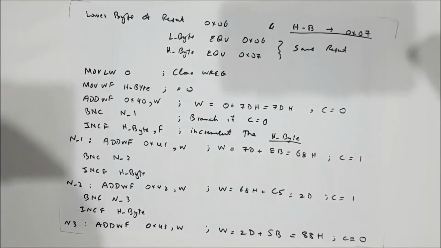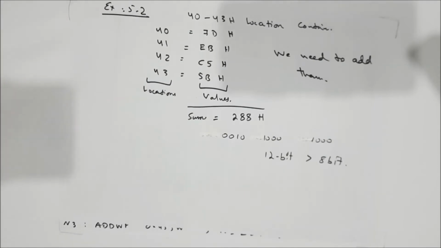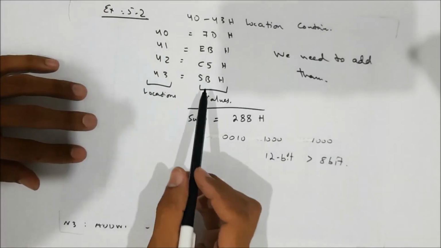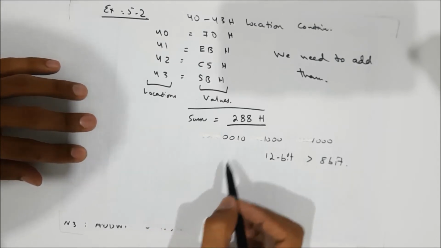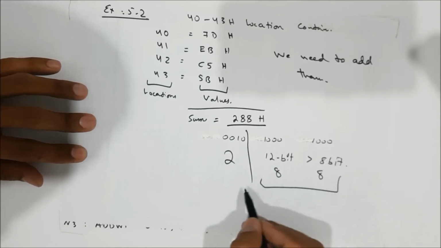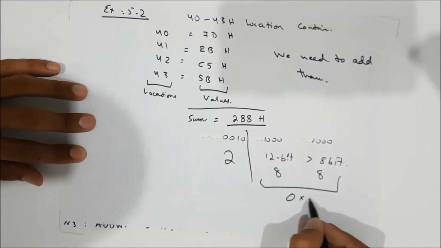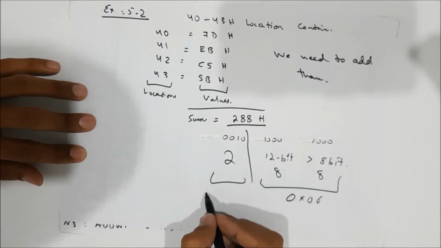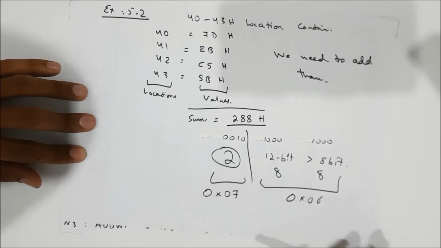So as we can see in our previous result, the sum of all these four operands is equal to 288 hex. This is 2, this is 8, and this is 8. So this double 8 will be stored at location number 0x06, and this 2 will be stored at location number 0x07.